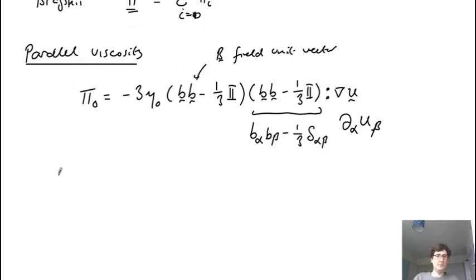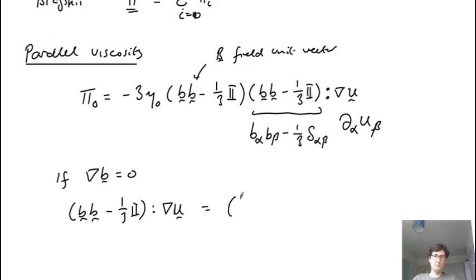And so if the magnetic field is straight, so if grad b is 0, then this term here with the b b and 1/3 times the identity matrix contracted on grad u. So this is b dot grad, so contracting this b with the gradient here, and then b dot u.